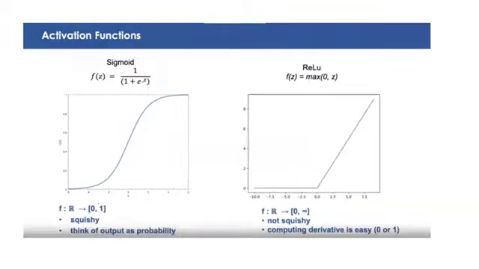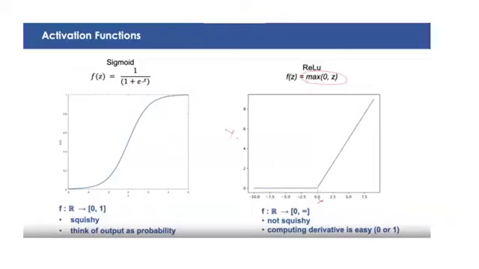Now then we have ReLU. Whatever value you pass to the ReLU function, it will take the max. If the value is positive, it takes it as is. If the value is less than 0, it makes it 0. Here this is my x and this is my y, the output of this function.